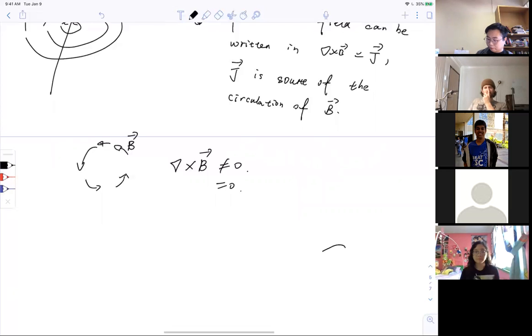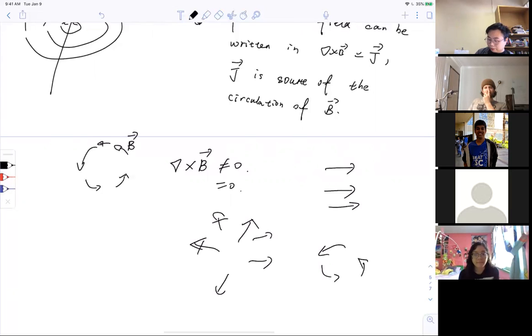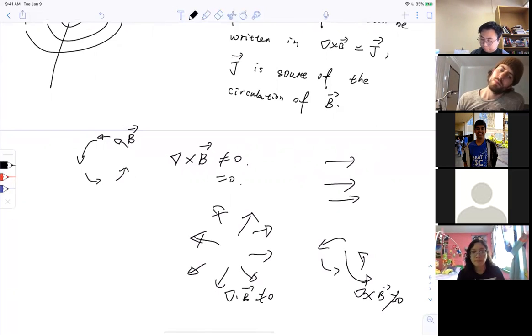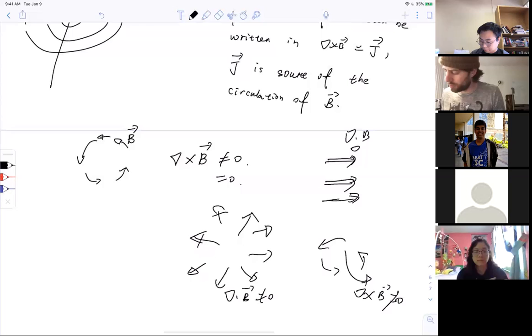For example, if I give you some vector fields like here and something like this, you should be able to determine that in this region the curl must be non-zero. In this region, the curl must be non-zero. In this region, both are zero if they are kind of constant, right? Something like that.